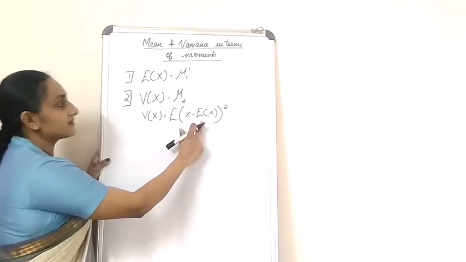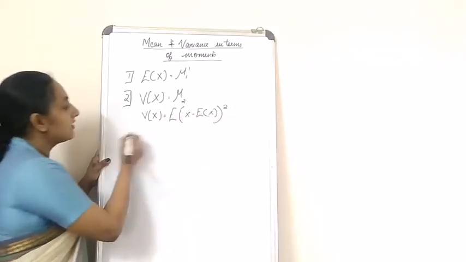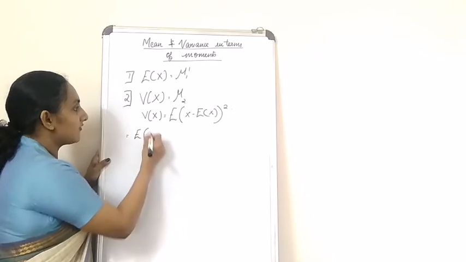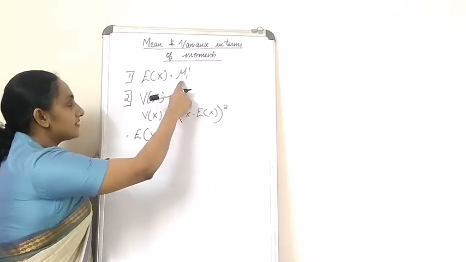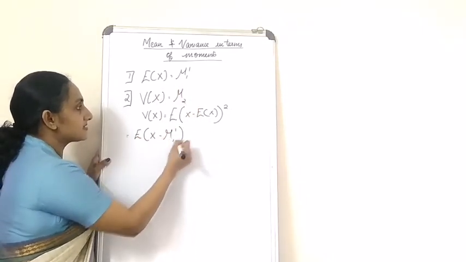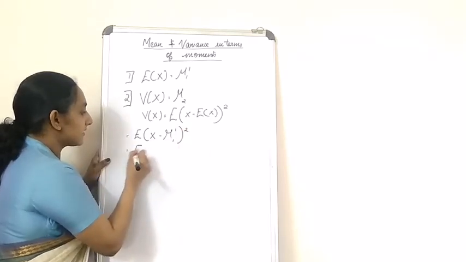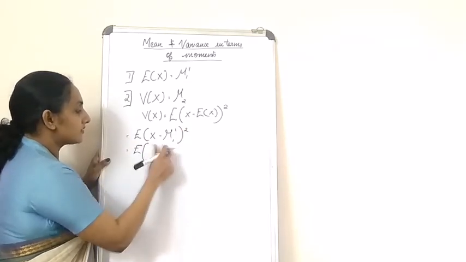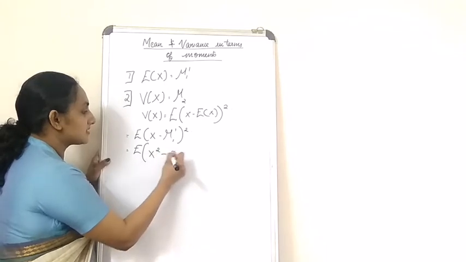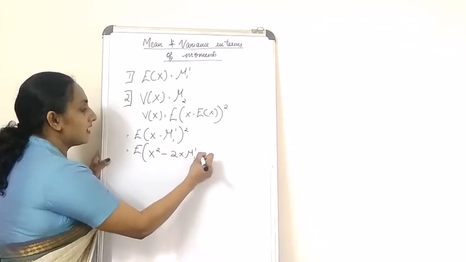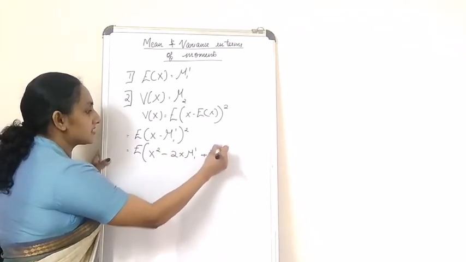Expectation of (x minus expectation of x) the whole squared, which is equal to expectation of (x minus mu1') squared, since I have expectation of x as mu1'. Now this I'm going to expand, so I get expectation of x squared minus 2x mu1' plus mu1' squared.